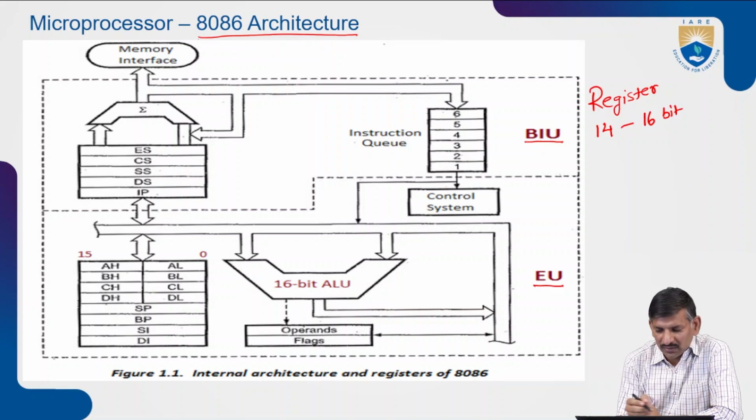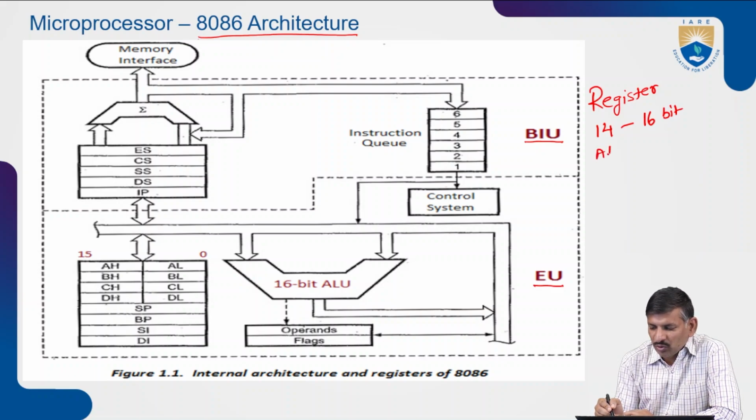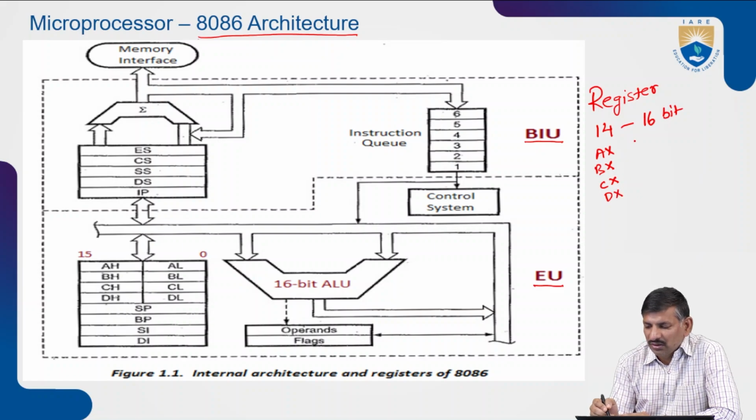Those are accumulator, base register, counter, destination register. Next, code segment, data segment, stack segment, extra segment registers.